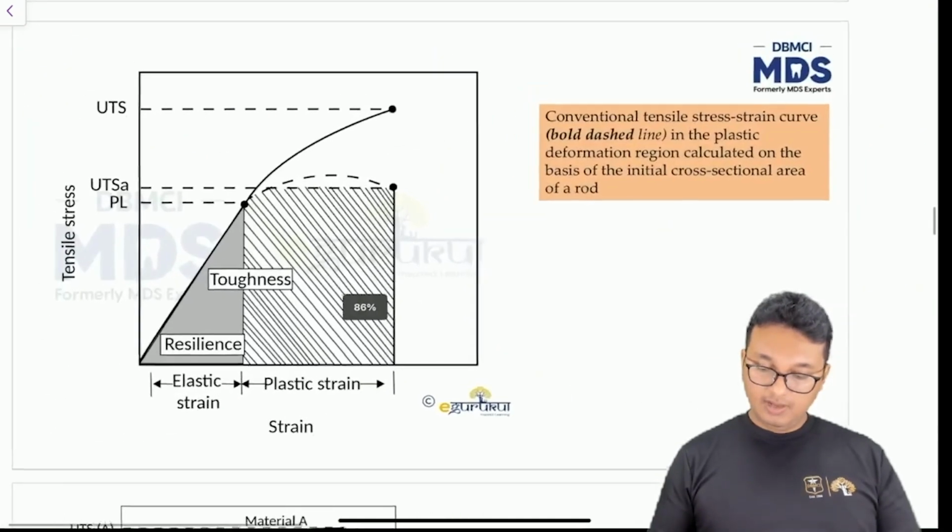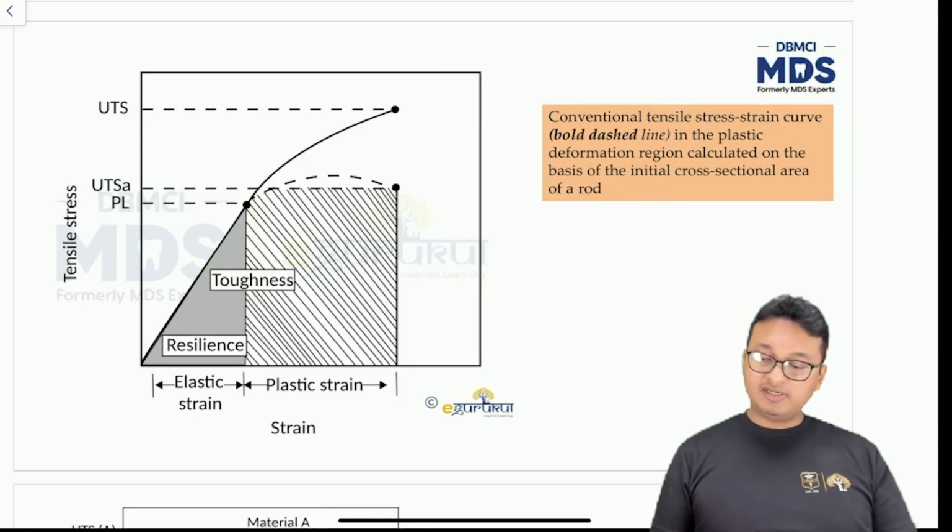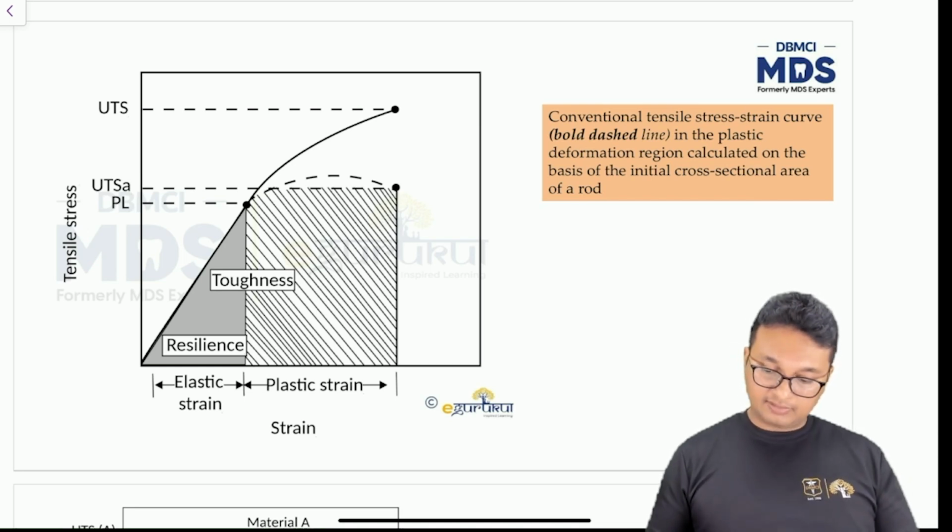Okay. Now this figure shows a conventional tensile stress strain curve in the plastic deformation region calculated on the basis of initial cross section area of a rod. Now you can see in this case, this is called resilience and that is the toughness.